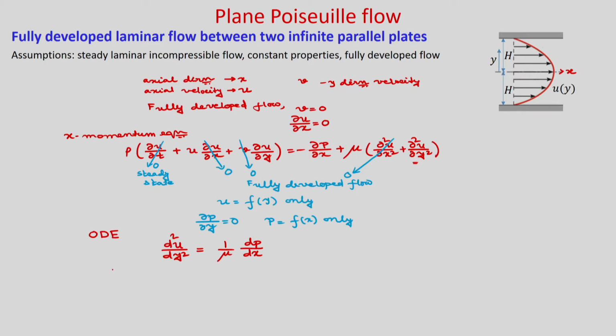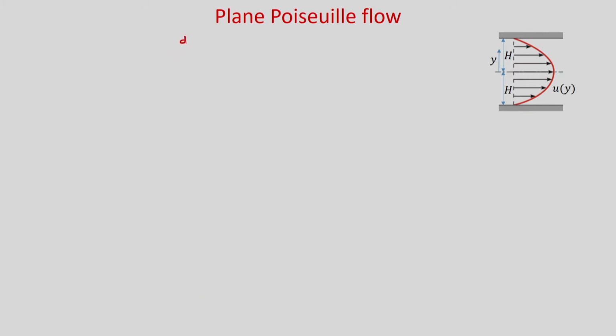So, the boundary conditions you can write, at y is equal to h, u is 0, as well as at y is equal to minus h, u is equal to 0, because you have the no slip boundary condition on the upper plate and the bottom plate. So, now let us integrate this equation. So, you have d2u by dy square is equal to 1 by mu dp by dx.